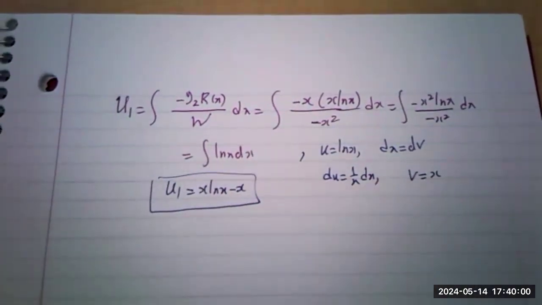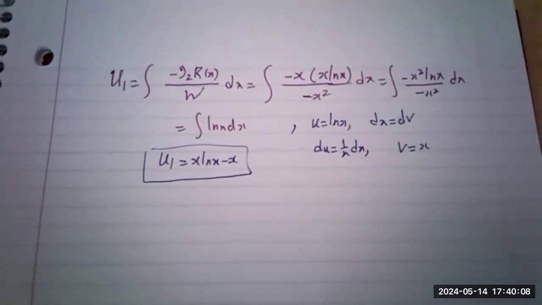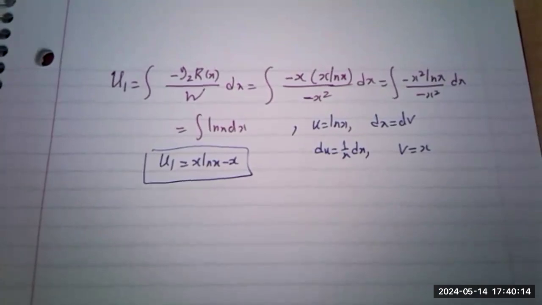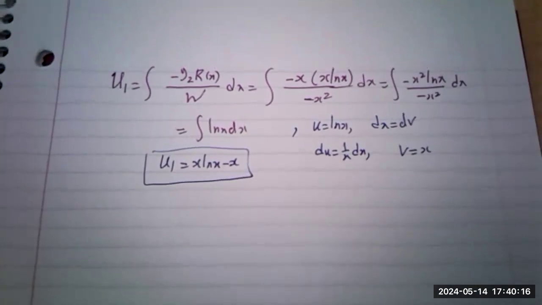Ln x is involved, so with integration by parts, always take the u to be ln x. Otherwise you may end up with x squared ln x, ln x divided by x squared, divided by x cubed, etc. So always start with u equal to ln x. That would be u1.